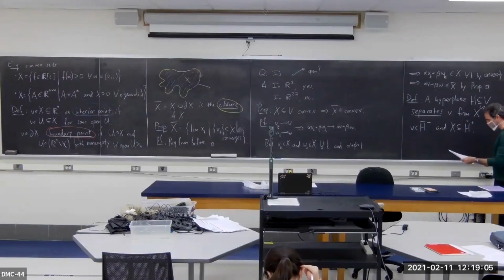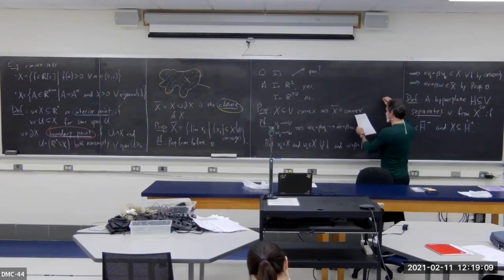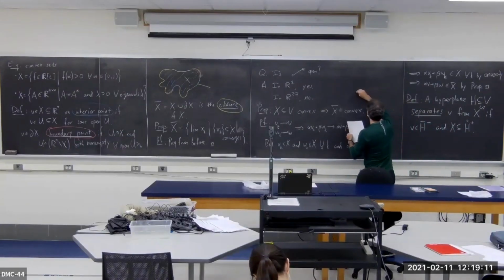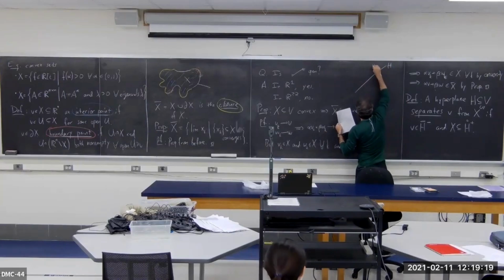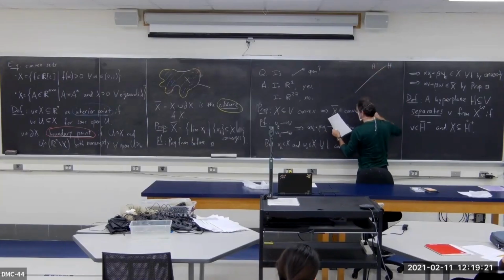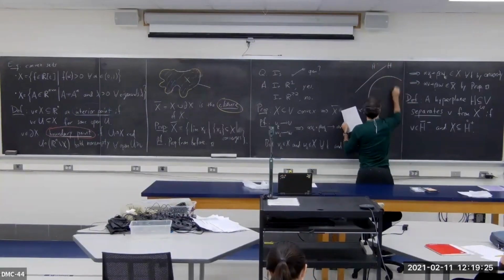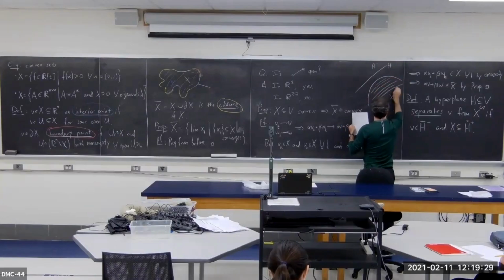So I'm about to draw a picture which will make that a little clearer. We have our hyperplane H here, and over here, this is going to be H bar minus, and this is going to be our set X over here, something like that.